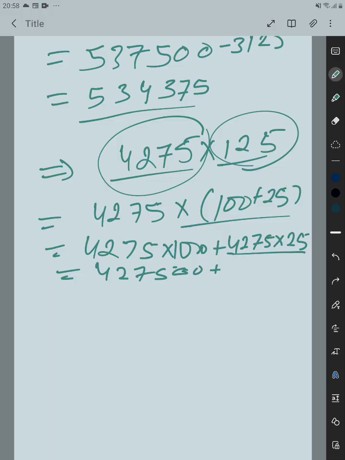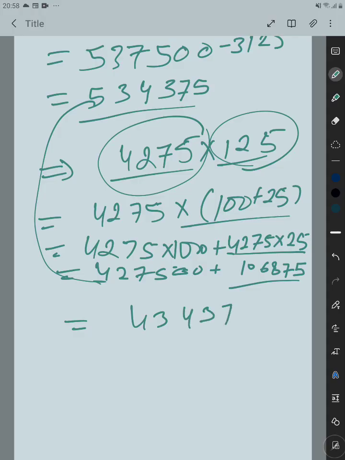So we multiply by 25, you get 5 here, then you get 7 here, then it will be 8 here, then 6 here, and this will be 10. Now if you sum it, you will get the same answer, that is 534375. This is another way.